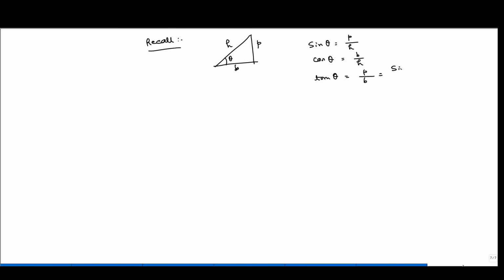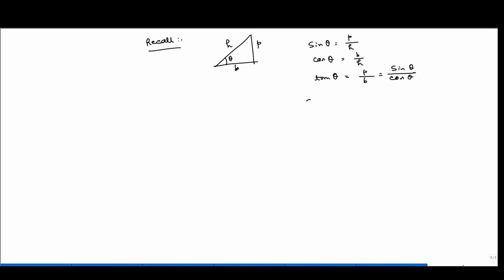So to conclude the video, let us recall what we have used in all this. We have used that when we have a right angle triangle and this angle is theta, this length is p, this length is b and this length is h, then sine theta is p by h, cos theta is b by h, and tan theta is p by b, which is nothing but sine theta by cos theta.